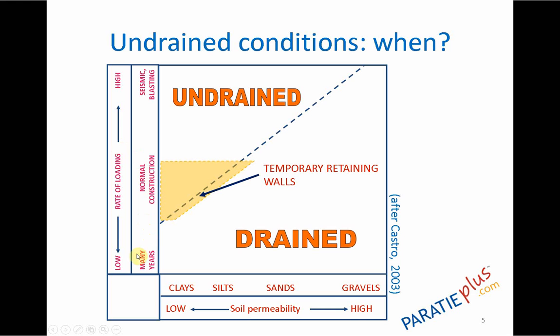And we see that for very low application of loading, any soil goes very quickly to drained conditions, so the water can seep away from the volume and hydrostatic conditions are restored.